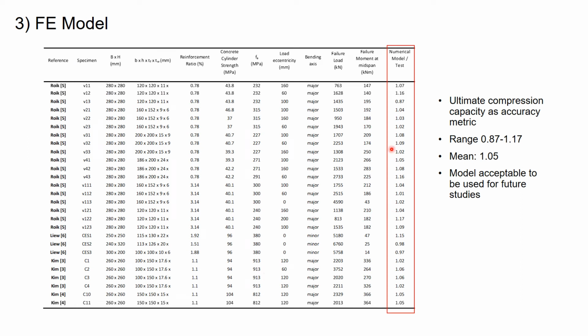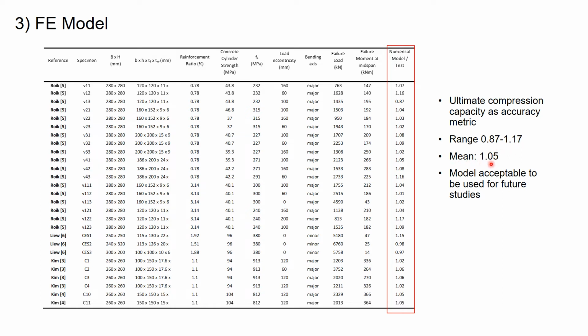And running our finite element models for all of these 27 specimens, we came up with numerical model versus test, the ratio between the capacity from the numerical model and the test being used as the accuracy metric. These values ranged between 0.87 and 1.17, with an average mean value of 1.05.